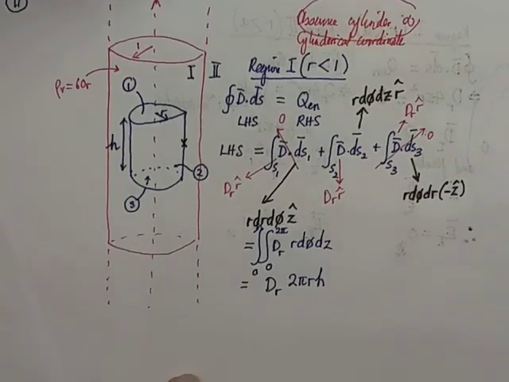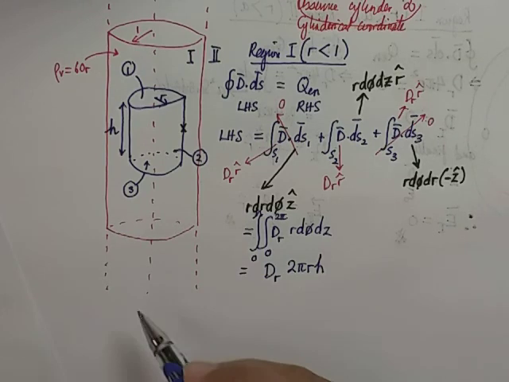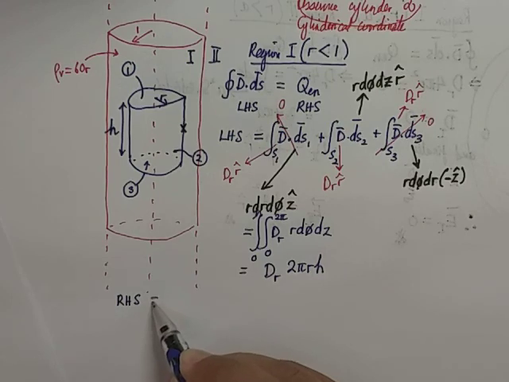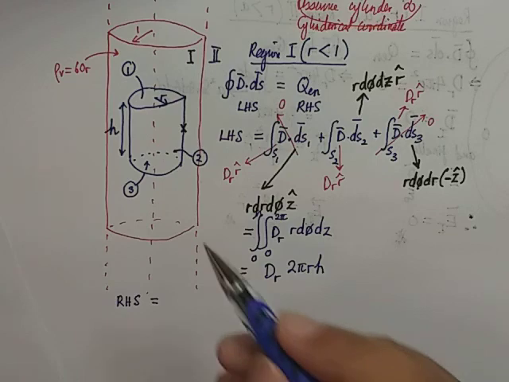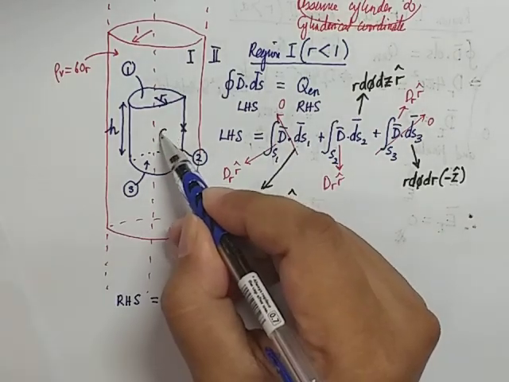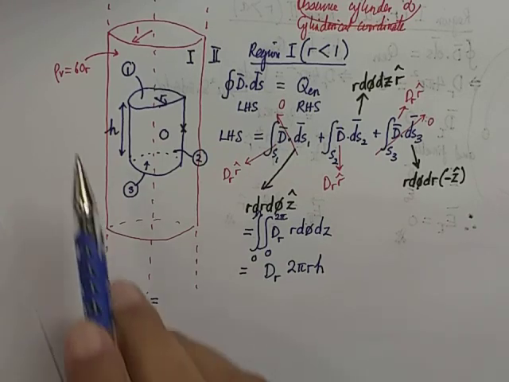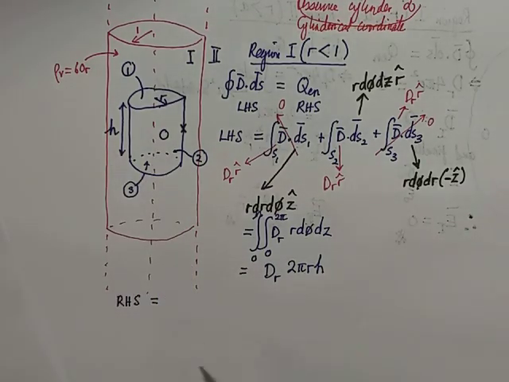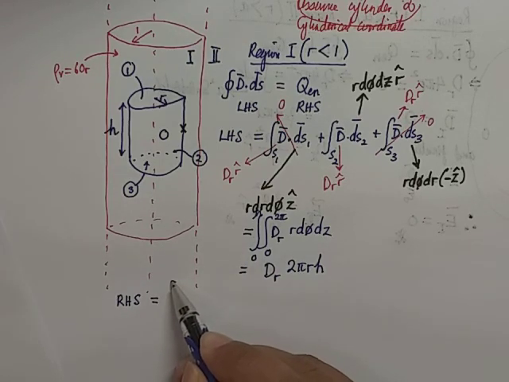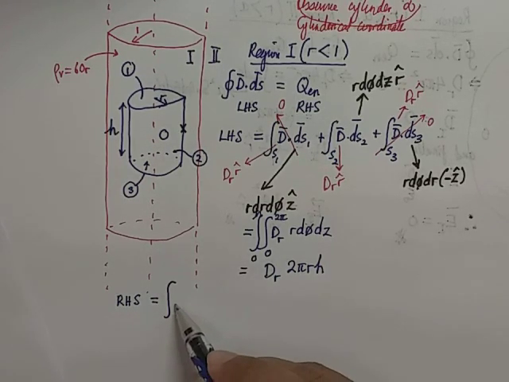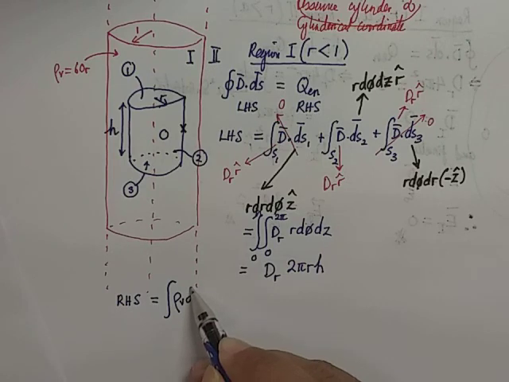Now let's do the right-hand side. What is the charge residing inside this Gaussian? The answer, yes, is a volume charge. Therefore, when we have a volume charge model, the mathematics representing that sample must be rho v dv.